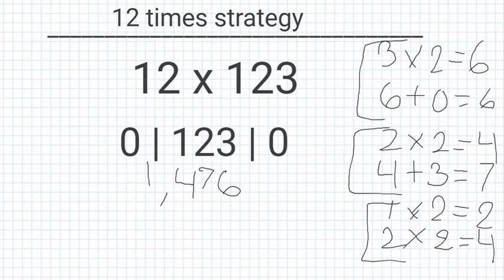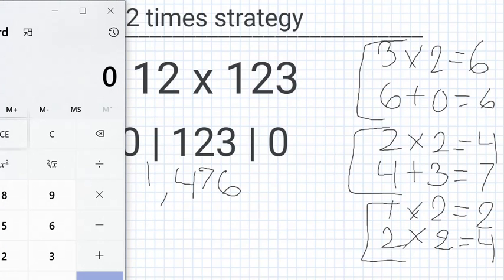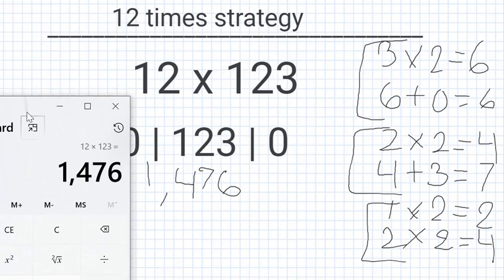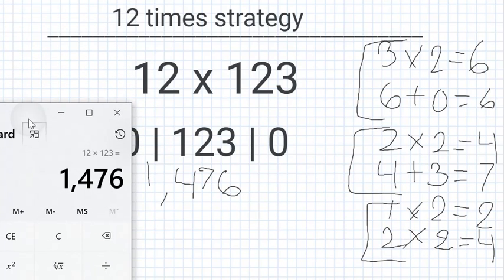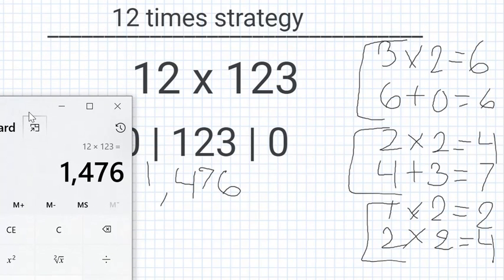And then you have your answer, 1,476. And here I have the calculator, and our problem was this, and our answer is 1,476, which is the answer that we got.